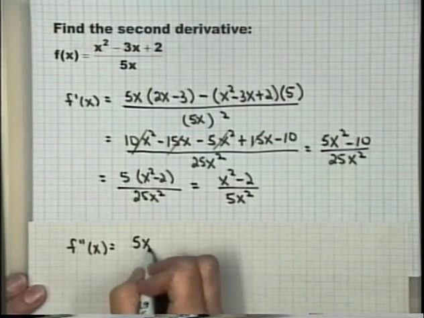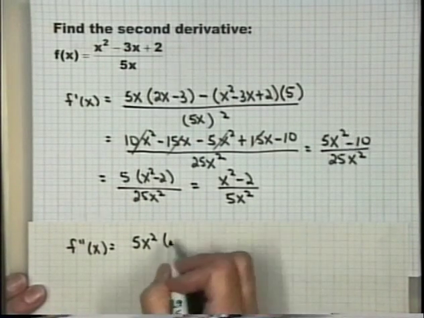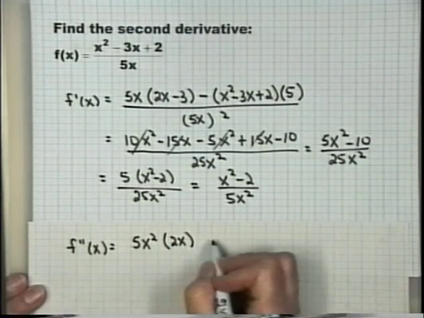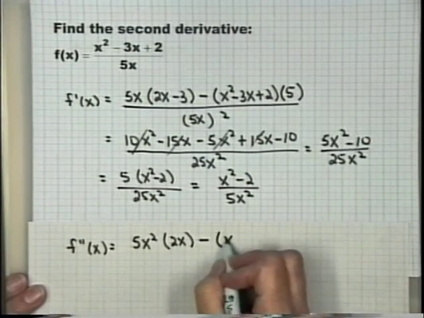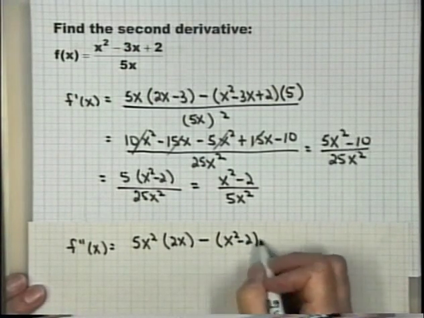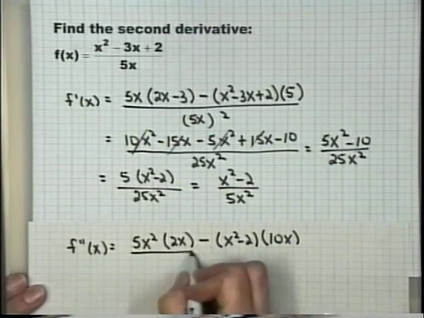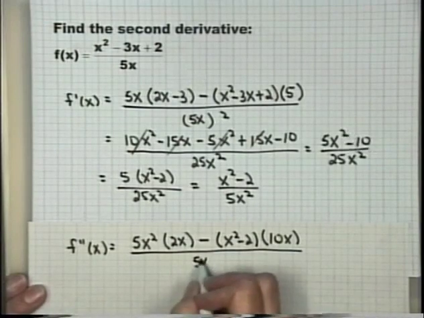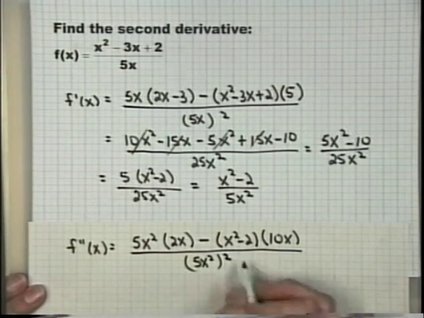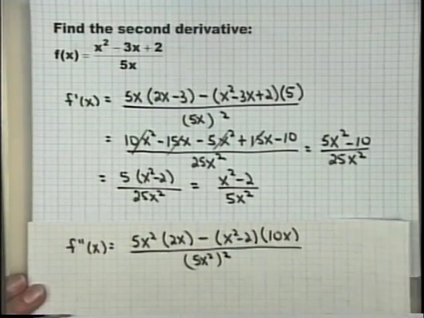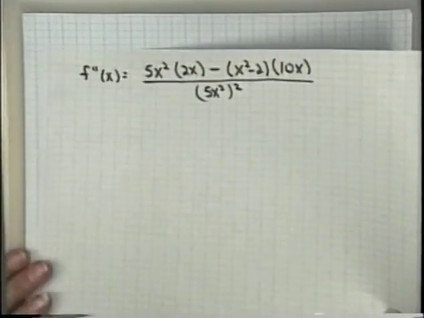Denominator, 5x squared, times derivative of numerator, 2x, minus numerator, x squared minus 2, times derivative of denominator, 10x. All of this is over my denominator squared. You with me? Now, let's see about simplifying this one.